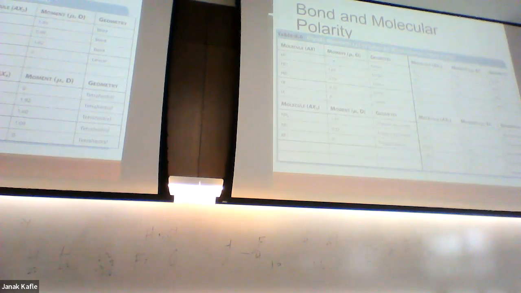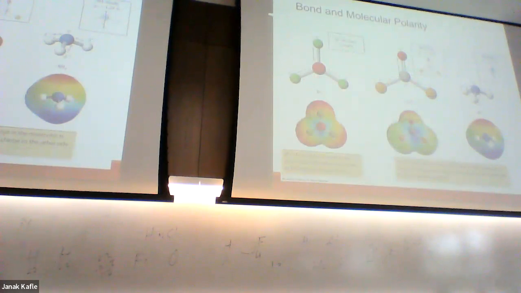I have not talked about the molecule as a whole, whether it is polar or not polar. So let's go there and talk about polarity in molecules. So let's go down here. So bond and molecular polarity. First of all, you need to calculate the bond polarity, whether the bond is polar or not polar, right? So let's talk about BF3.